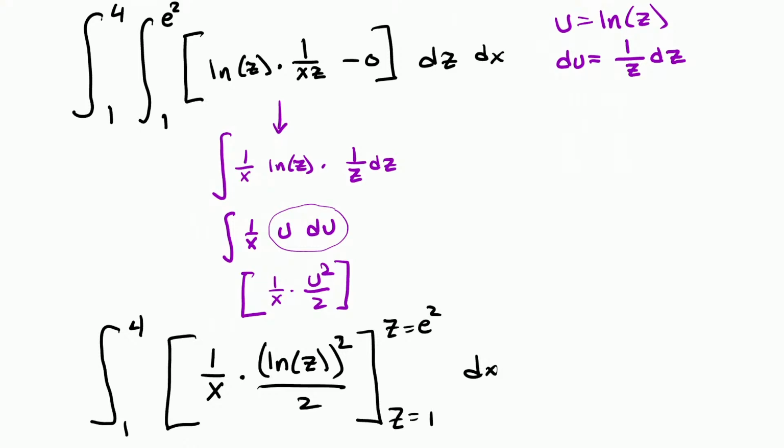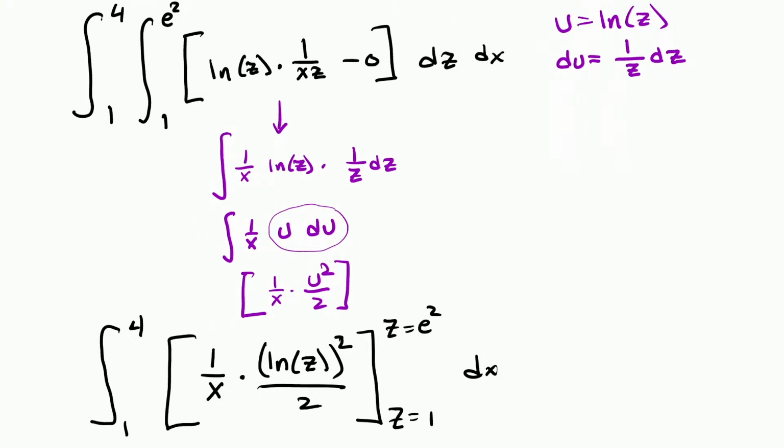I know it's a lot, but I did a substitution, figured out what the antiderivative was, and then I put natural log in there for u, and got back to what I'm really working on.